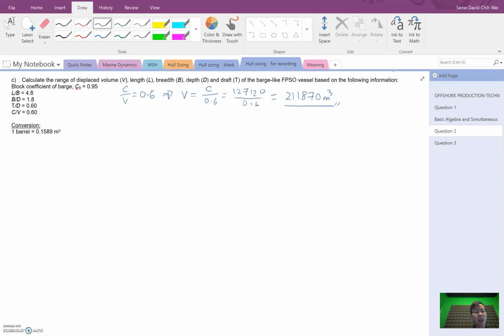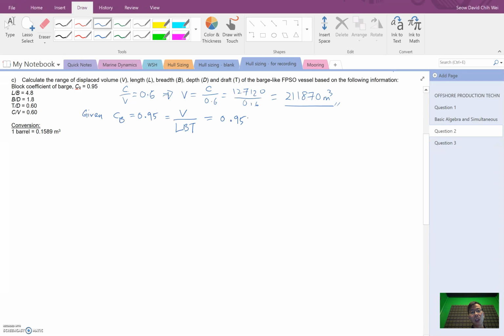Next, we look at block coefficient. So given block coefficient is 0.95, and we also know that the block coefficient is basically the ratio of the underwater volume over the length, breadth, and draft of a vessel, and this equals 0.95.